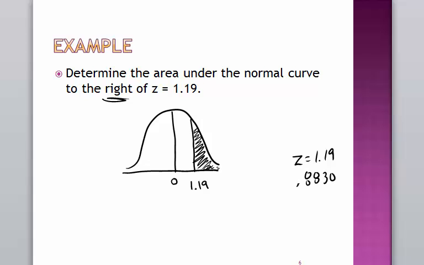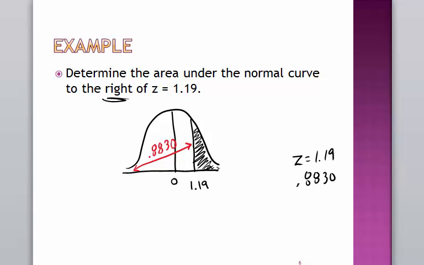But now what we want to remember is that the table gives us the area to the left of the z-score. So that 8830 is the area of these two pieces. And it's not the area of the shaded region. So we want to think about how can we find the area of the shaded region.